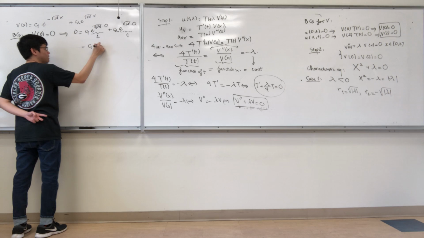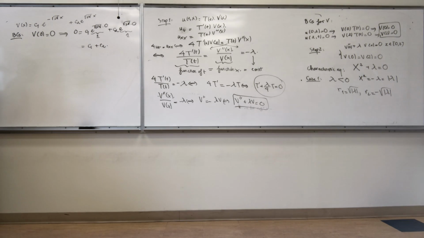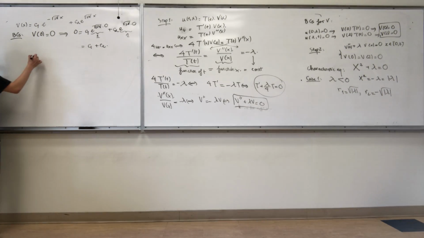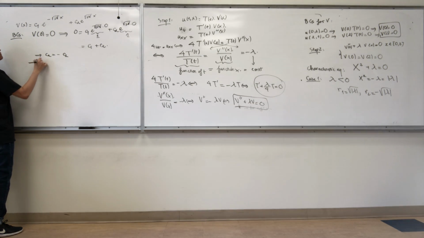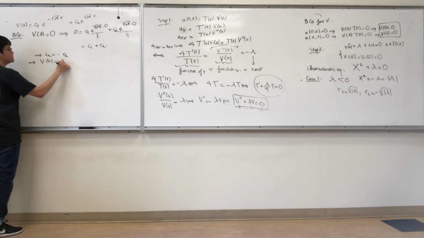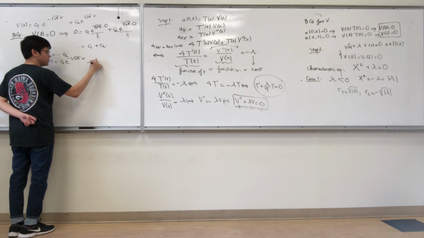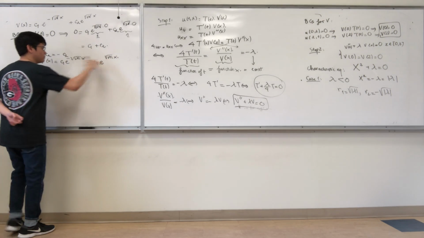So this gives you C1 plus C2 is 0, right? So when C1 plus C2 is 0, C2 is minus C1. So V of x will become C1 exponential of minus square root of lambda x minus C1 exponential of square root of lambda x. Right?